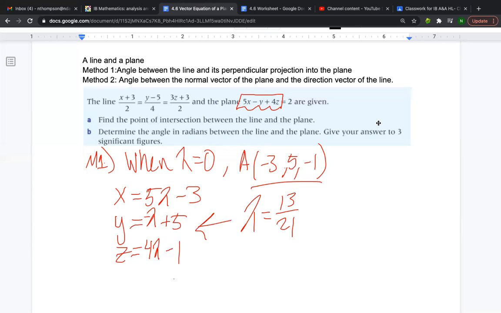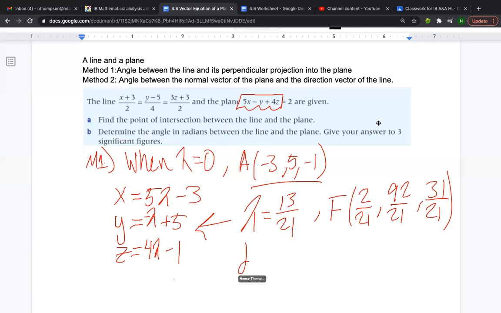But that point of intersection would be, we'll call it F, just for fun. 2 over 21, 92 over 21, and 31 over 21 once you plug them all in. So now I can come up with my directional vector, which is the directional vector of line 1.